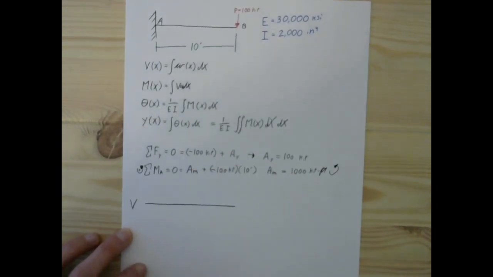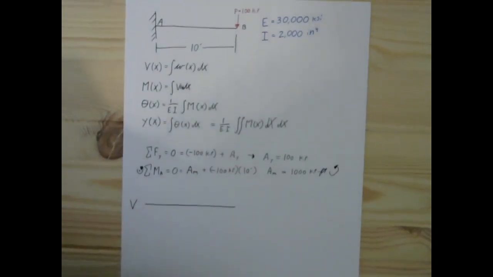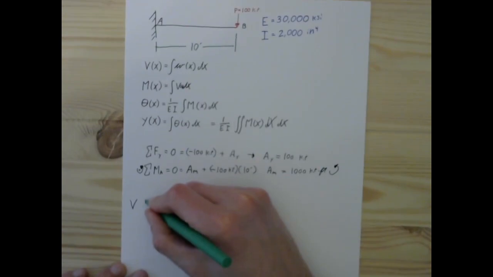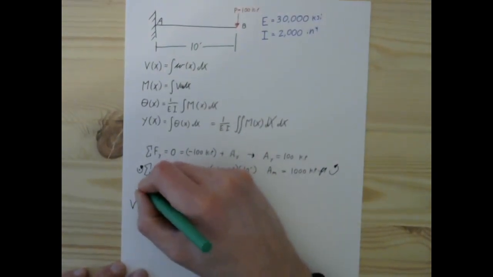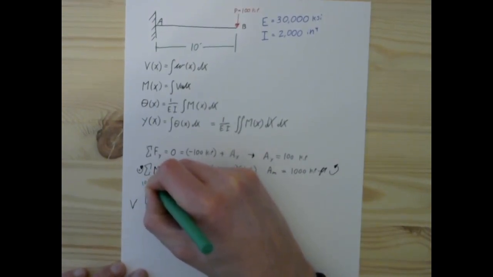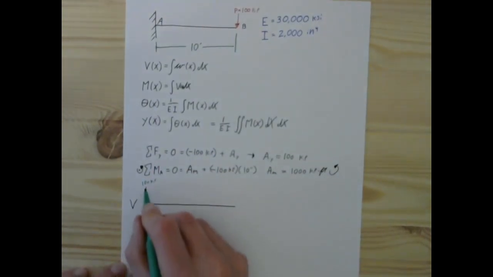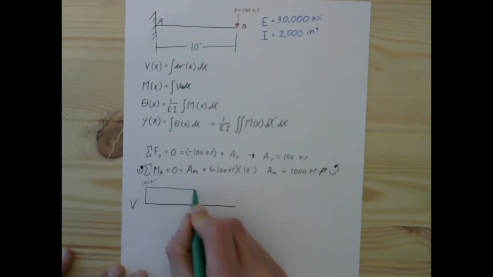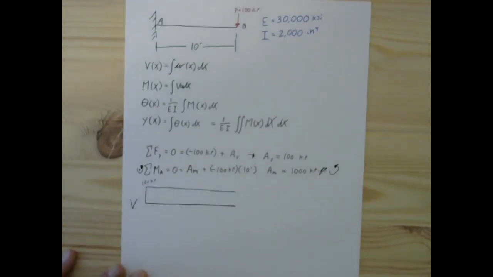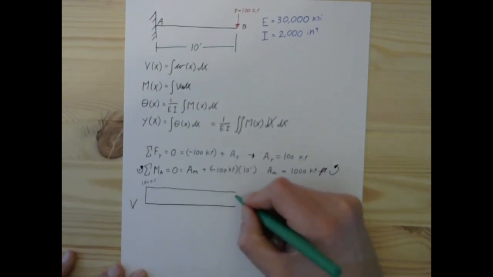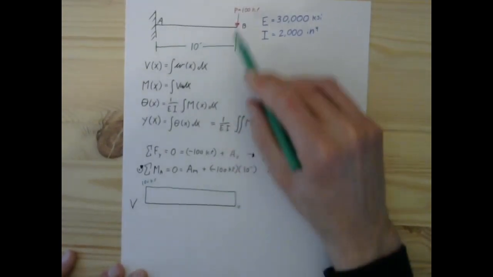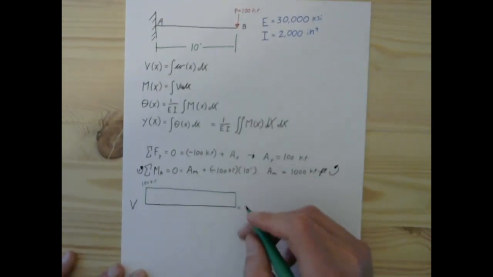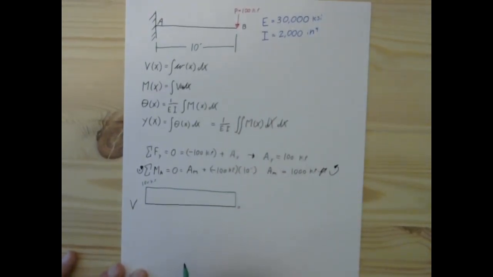Our shear is going to initially pop up to 100 kips because of the reaction we have at point A, and will remain at 100 kips for the full length of the beam, and then it will return to 0 because of this load right here. We're ending at 0. It's a free end. Looks good to me.